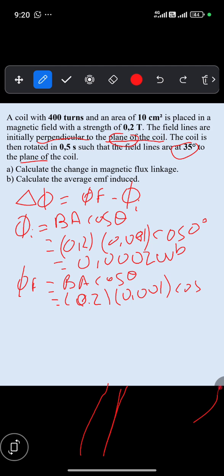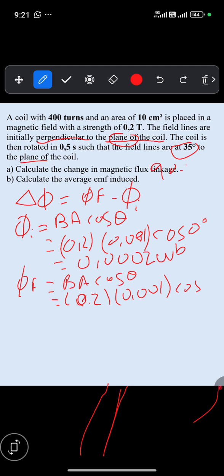Since the word normal is not there, now I have to subtract from 90.